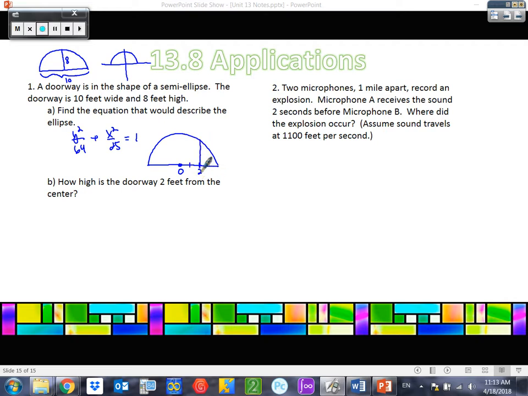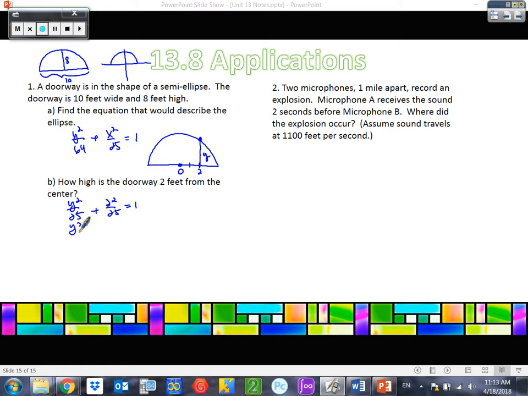So we're really looking for this height. We want to know how high that is. It really is a y value, right? How high is it at 2? What we want to do is simply substitute 2 in for x. So I have y squared over 64 plus 2 squared over 25 equals 1.